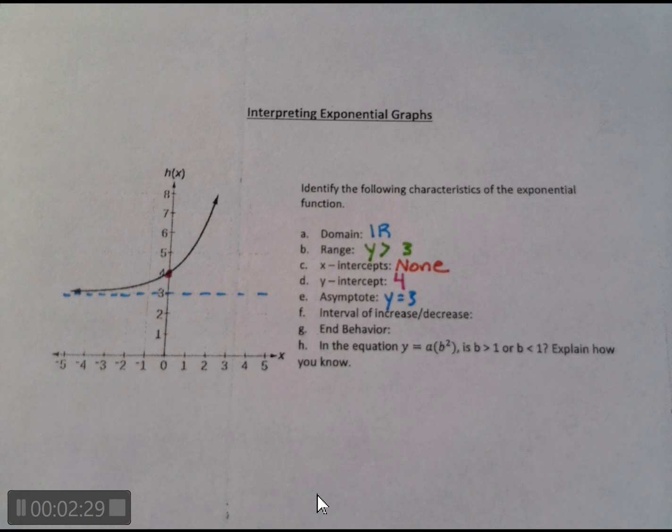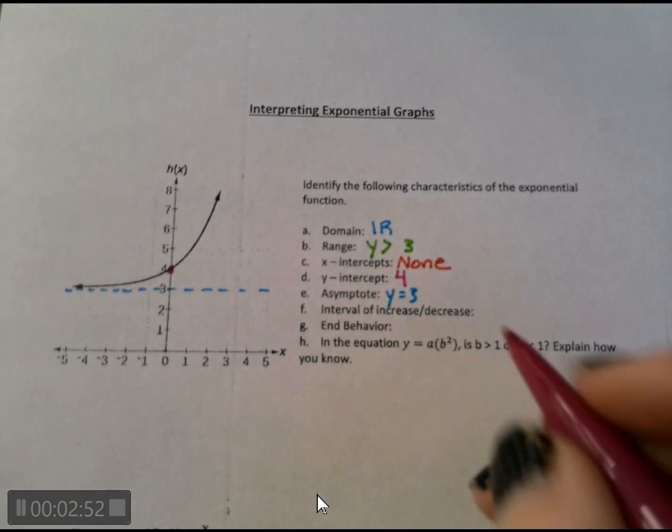Alrighty, so then, what is my interval of increasing or decreasing? What do you guys think? So, our interval of increasing is going to be from negative infinity to positive infinity. Why? Because it always increases. We have an increasing function.